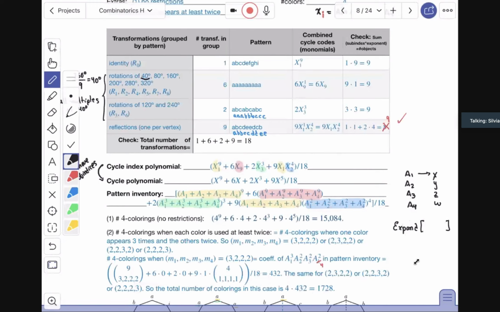It's going to give you several rows maybe, and you're looking for the coefficient of the term.